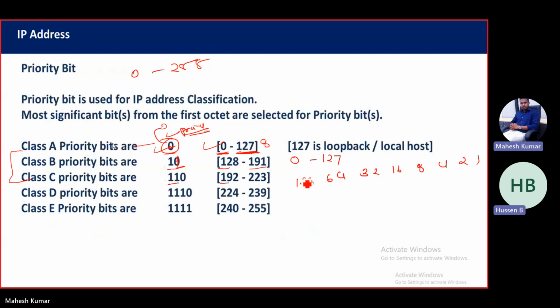So with the rest of the bits, if you count 64, 32, 16, 8, 4, 2, 1, the total value will be 127.